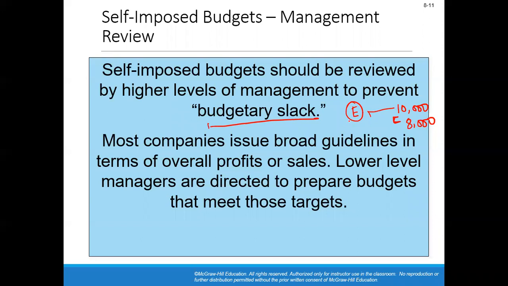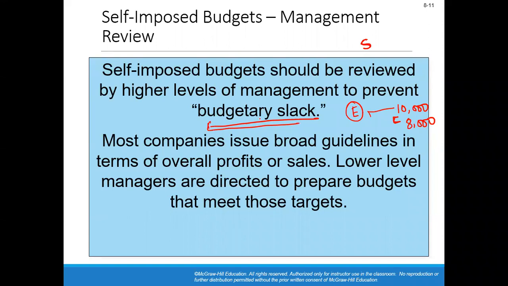So allocating more expenses than the required expenses and estimating lower sales compared to the reasonable sales figure are some examples of budgetary slack.